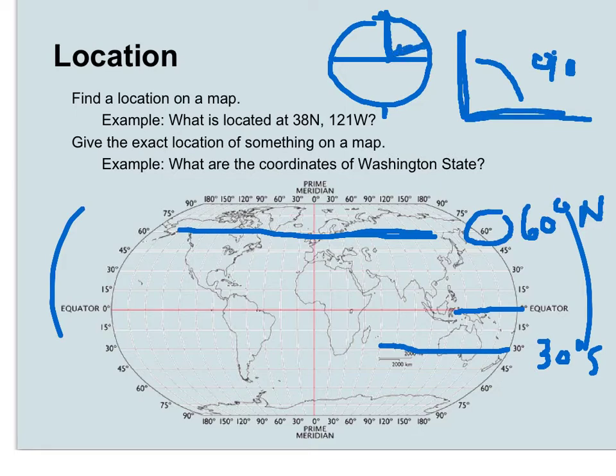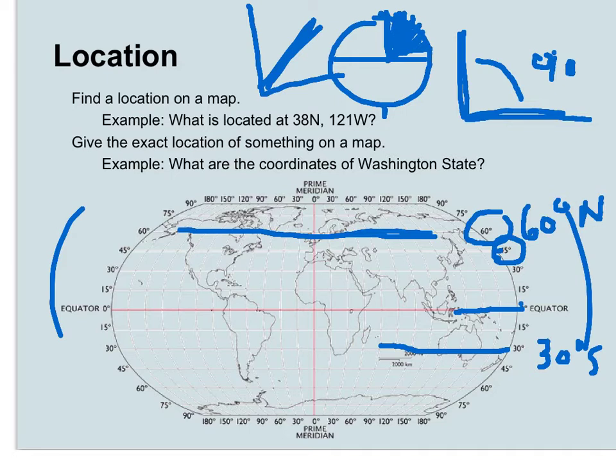As you go along, it's different degrees as you get closer to 90. You can see this 45 right there is about halfway between the North Pole and the equator, just like a 45-degree angle would be halfway. Let me get all these marks off of here.